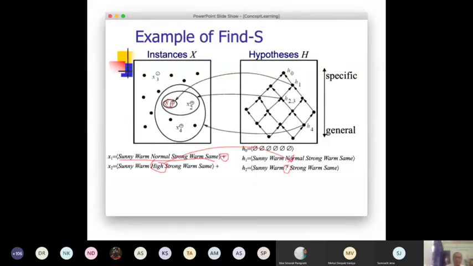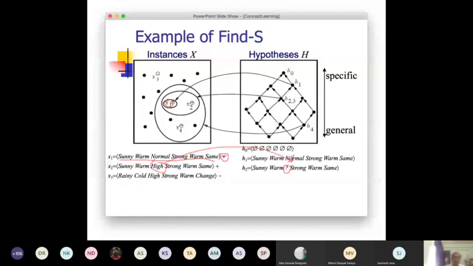Now let us see what is the next one. The next one is a negative example. That means you have rainy, then cold, then high, strong, warm, change. This is the tuple, and you have a negative sign, which means the label is no: you are not enjoying sports if this is the condition.